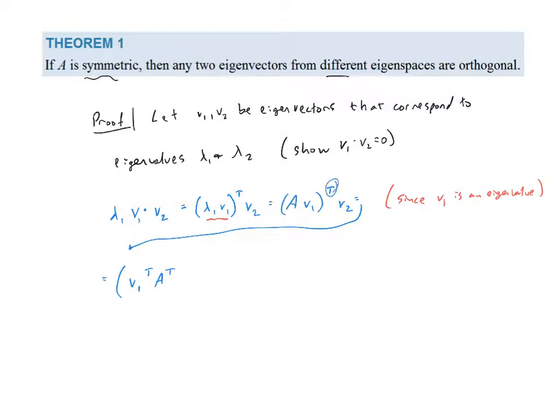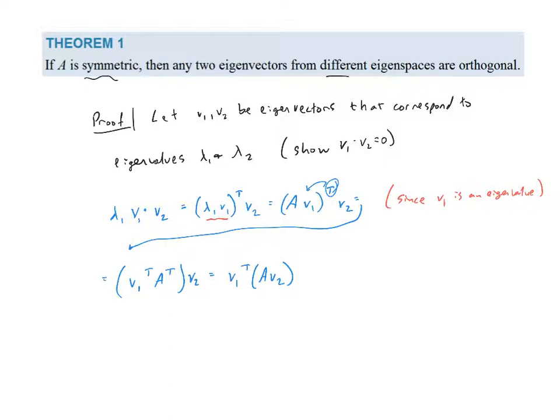So I'm taking that T, bringing it in, and that changes the order. That's times v2. Okay, now what are we going to do next? Let's change our grouping. This is v1 transpose times A v2. All I did in that step was change my grouping.